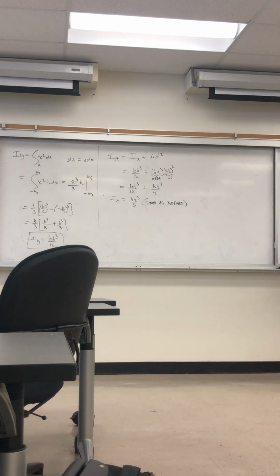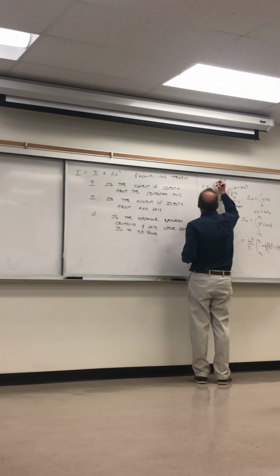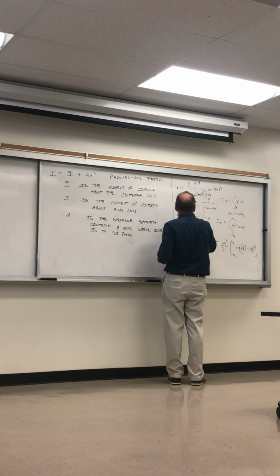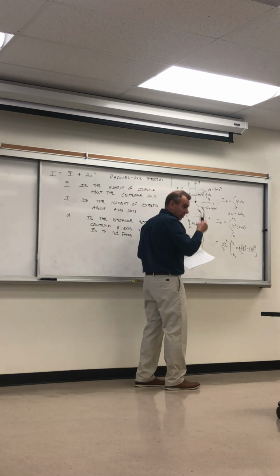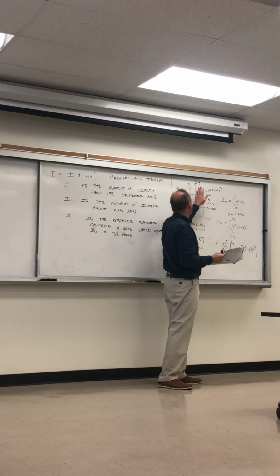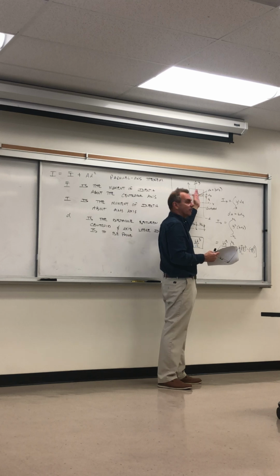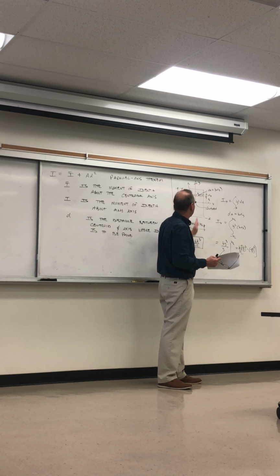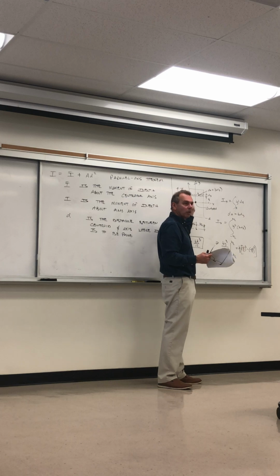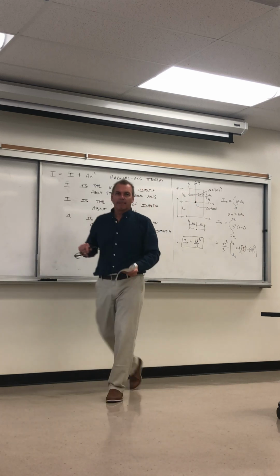Let's make this line B here. We're going to take the moment of inertia of the same rectangle, so instead of about y, in this direction, we're going to do it about B. We're going to move it over using parallel axis, okay?